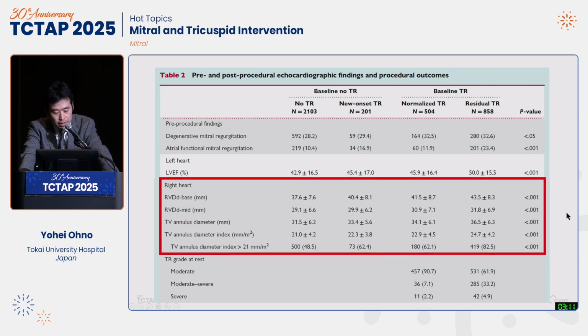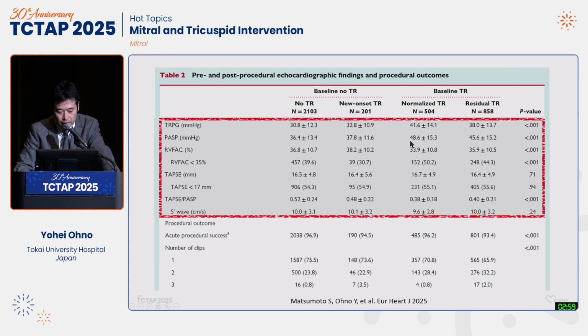As for the right heart status, it's easy to speculate, but baseline TR patients had a dilated right ventricle as well as a dilated tricuspid annulus. Patients with baseline TR had a little poorer RV function, which we identified with RV FAC and so on.